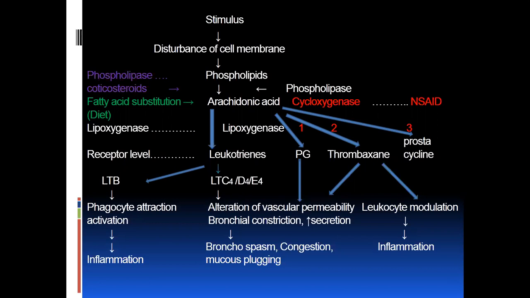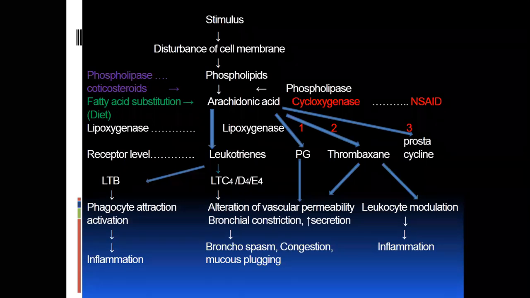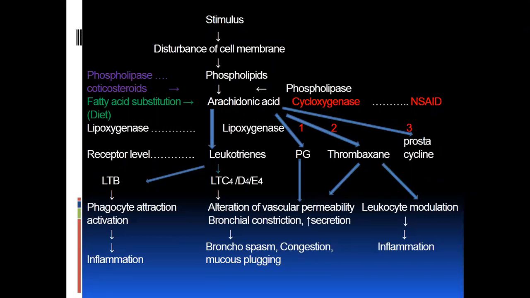Due to disturbance of the cell membrane, lysosomes are released, and phospholipids are converted into arachidonic acid. Arachidonic acid is further converted into leukotrienes and various other mediators. These are also called eicosanoids.